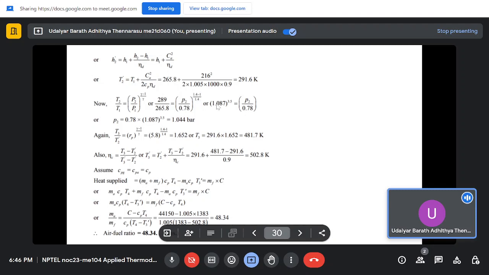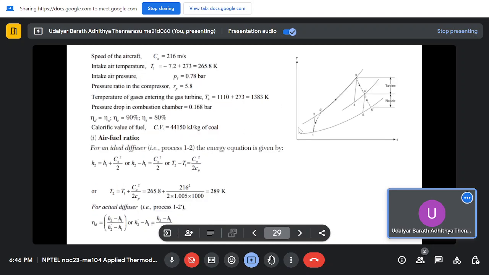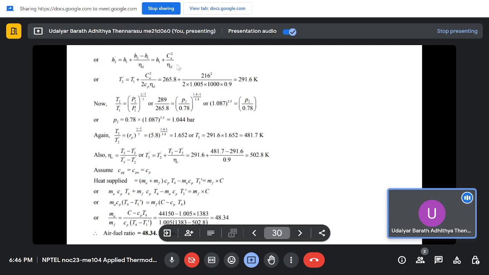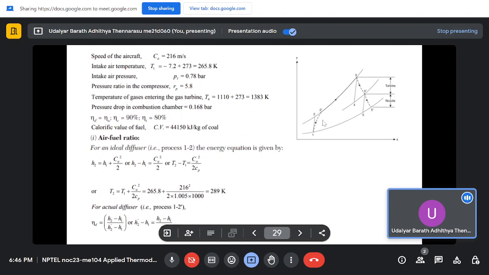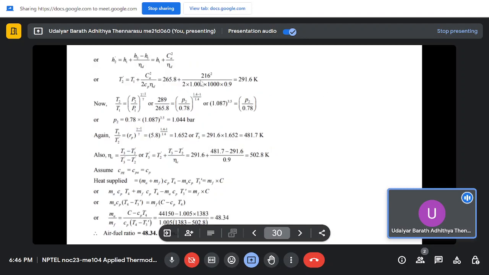Substituting that, we find that the pressure at state 2 is 1.044 bar. We cannot use T2 dash for this, because that pressure will be the same. Because of the diffuser efficiency, just the temperature is rising, but the pressure will remain the same.